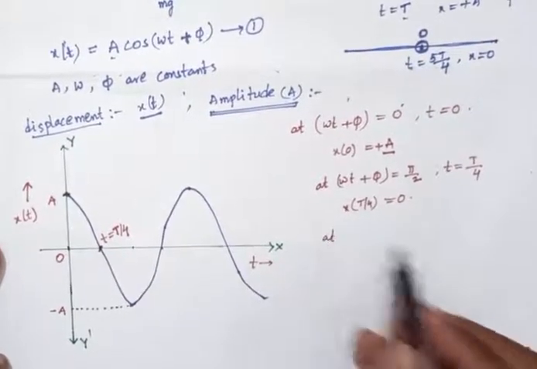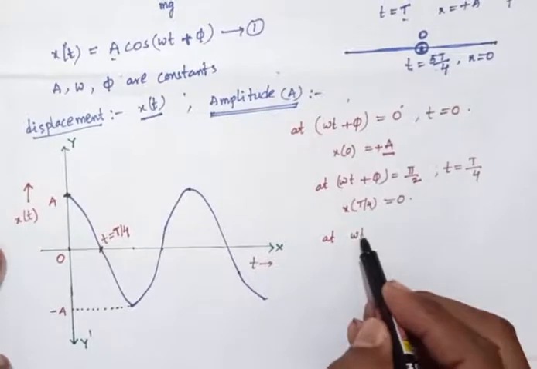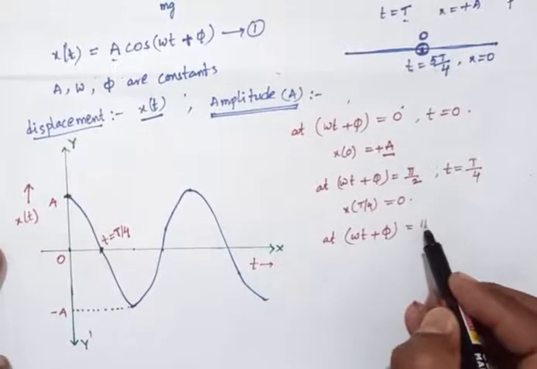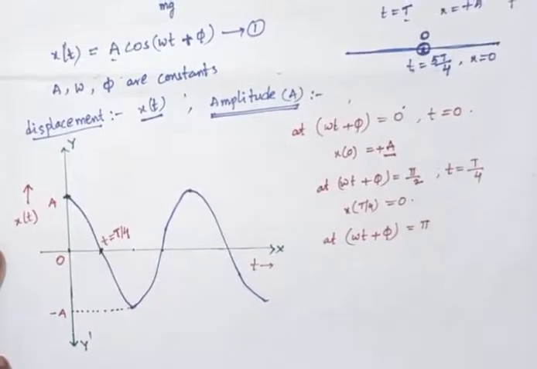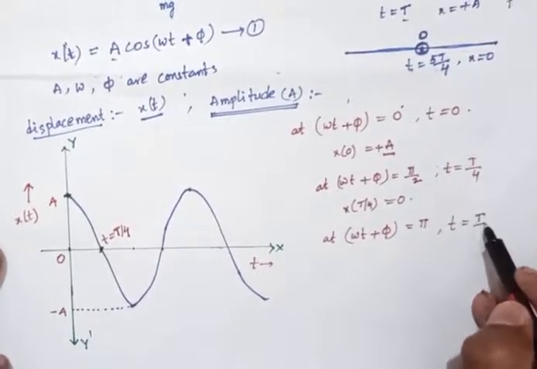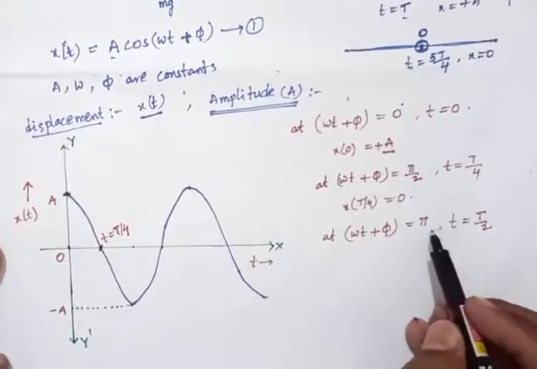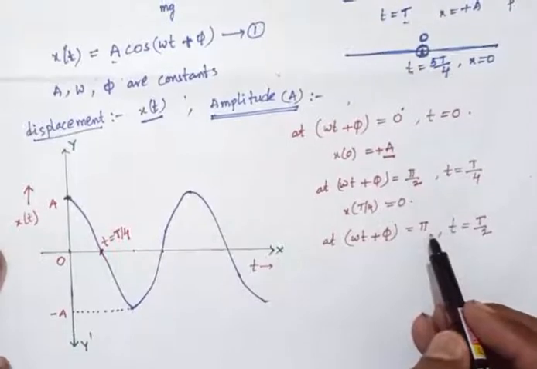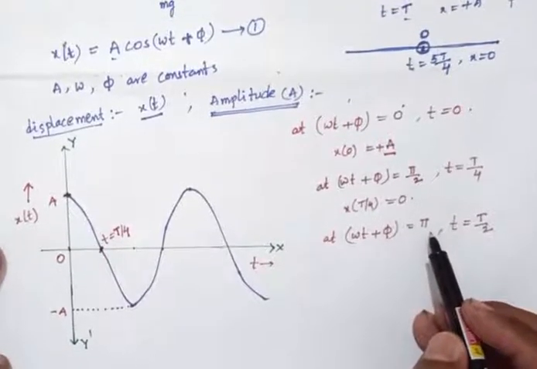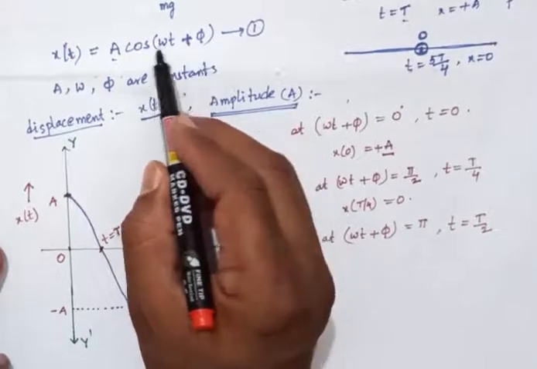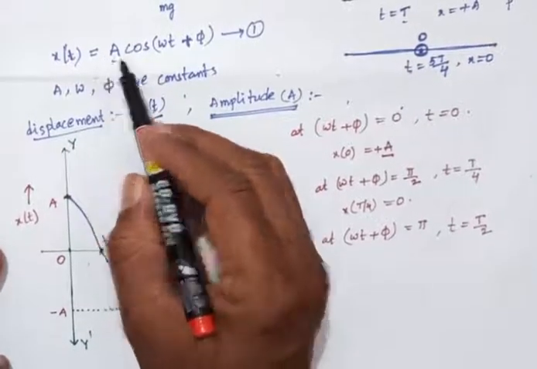Again, we take omega t plus pi equals pi, where t equals the time period by 2. Pi is nothing but 180 degrees, and cos 180 equals minus 1. So minus 1 into a equals minus a.